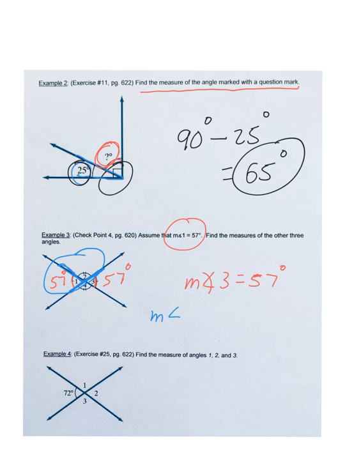So to find the measurement of angle 2, we're working backwards, so we're going to subtract 180 minus its adjacent angle, the angle beside it, which was 57 degrees. That was angle 1. So if I do 180 minus 57, I get 123 degrees. So the measurement of angle 2 must be 123 degrees.